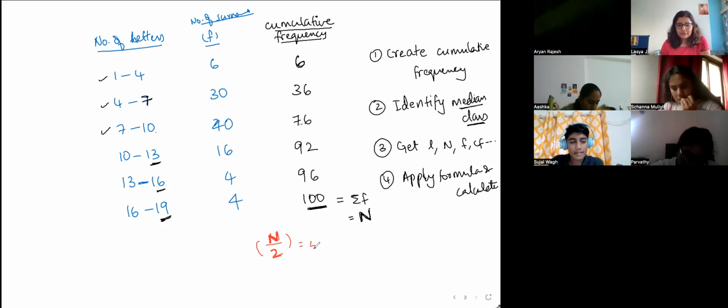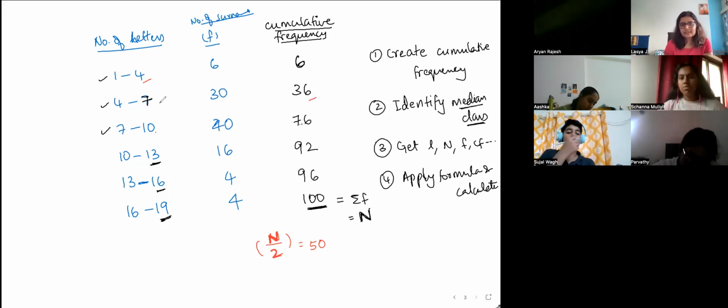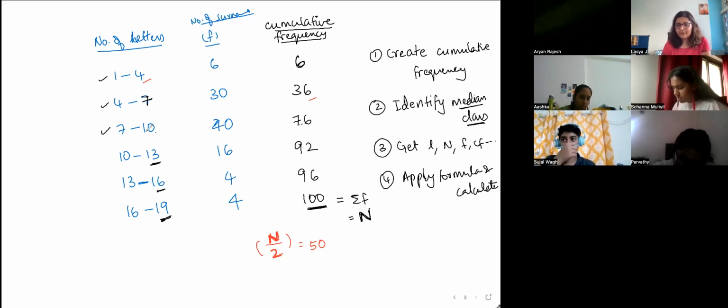So n by 2 equal to 50, right? So where will the 50th observation be? So 6 of them are in this interval. After that 30 of them. So total 36 are below 7. After that, 76 are between 7 to 10. That means where do you find the 50th observation in this list?